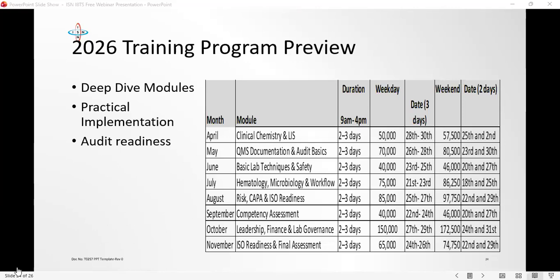Yes. So ISN is proud to be your partner for lab automation. We don't want to just sell you equipment without you maximizing the use of that equipment. We want to make sure every equipment you buy from us, you're able to optimize its use and also make some profit. So we're not just selling you equipment.